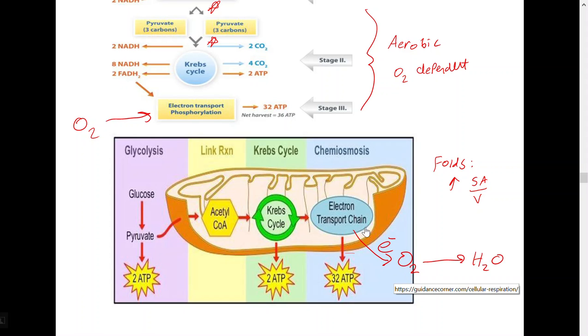That's your final electron acceptor. That's what powers this whole reaction, because you can't have the electrons flow through something without any place for them to go. That's the logic behind this. If the electrons have nowhere to go, this process gets held up, and your body resorts to fermentation, which is bad.